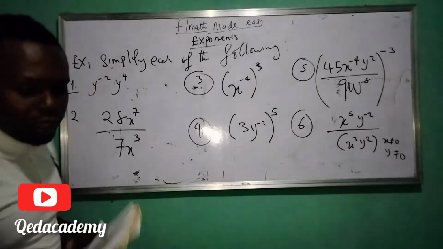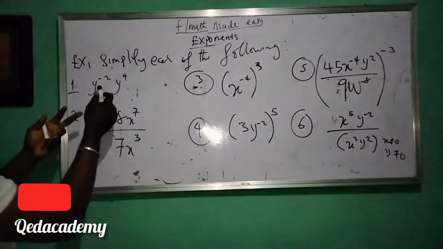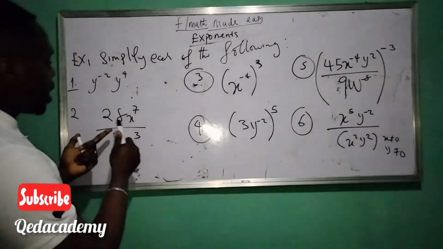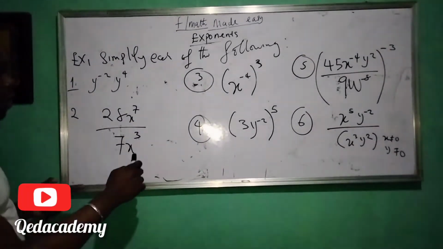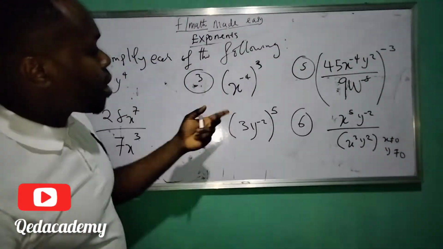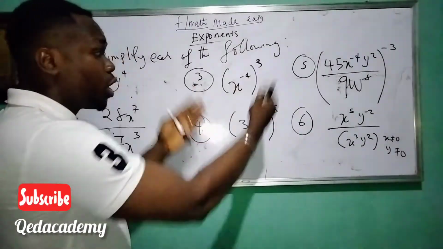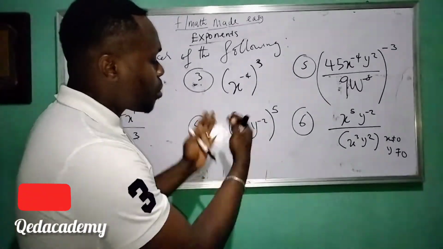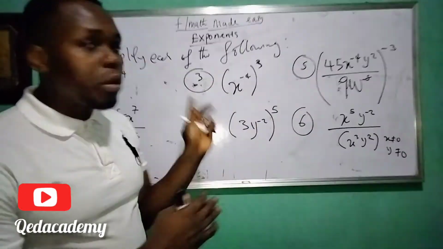So let me just go through these examples once again so you can get them correctly. This is y raised to the power minus 2 y raised to the power 4, right? This is 28 x raised to the power 7 all over 7 x raised to the power 3. This is open bracket x raised to the power minus 4 close bracket, raised to the power 3. Number 4 is 3 open bracket 3y raised to the power minus 2 close bracket, all raised to the power 5.